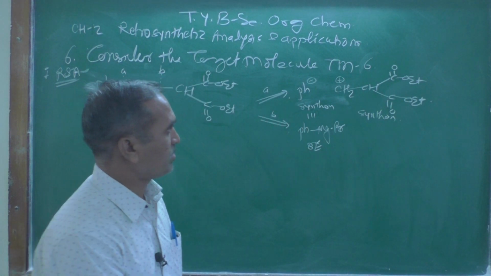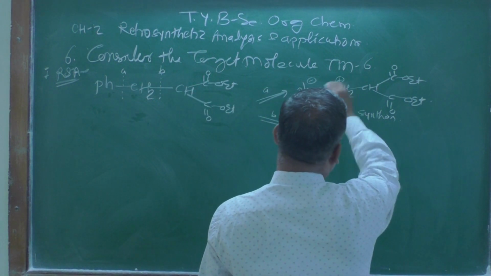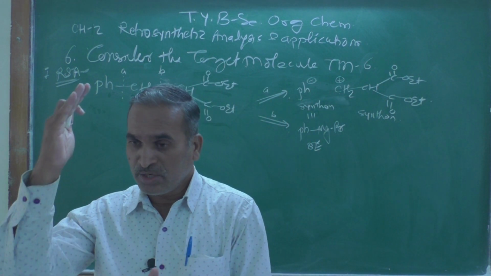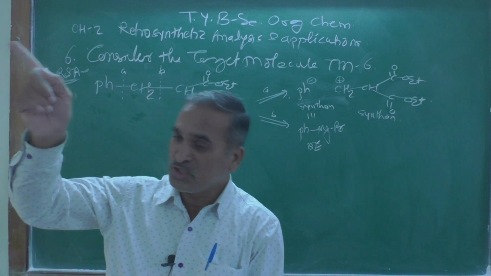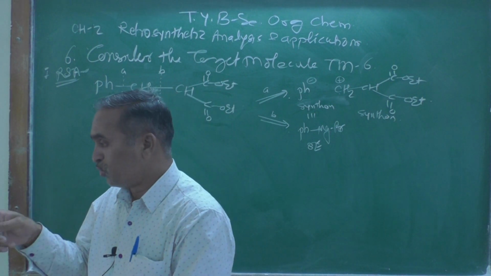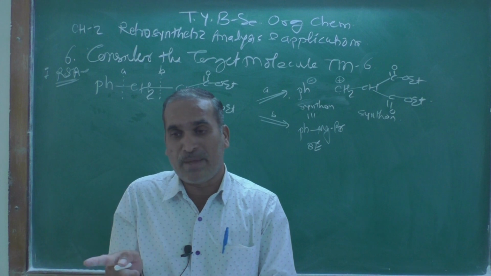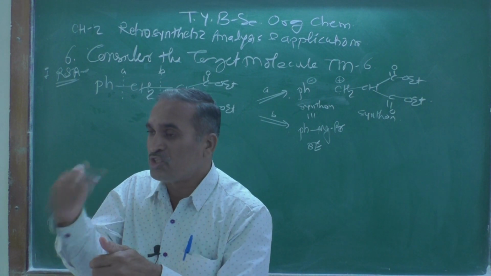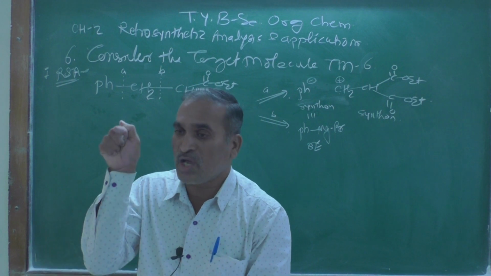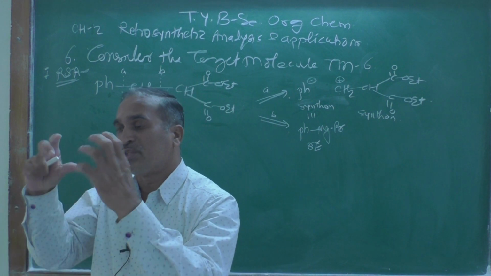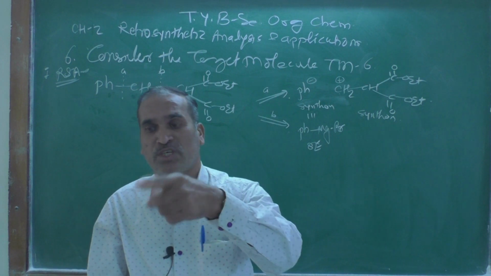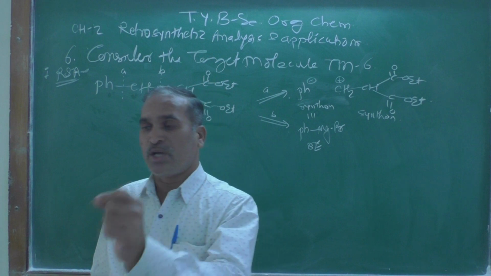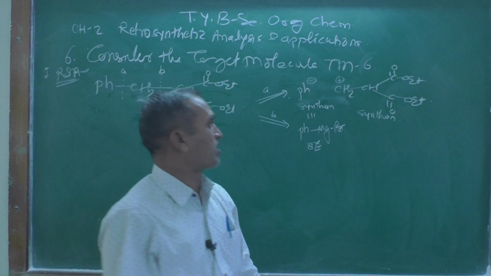But let us see, when I am putting a positive charge, you should connect the negative atom. Generally you know that halides can induce polarity. They maintain the electropositivity, or the electrophilic nature, of that carbon atom.